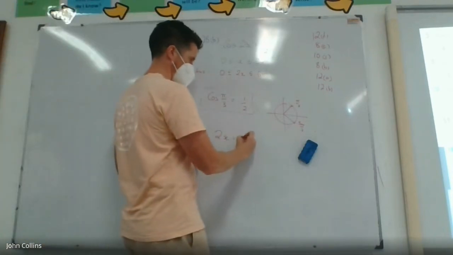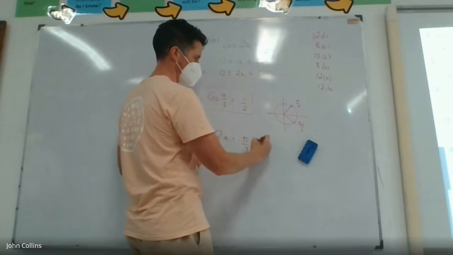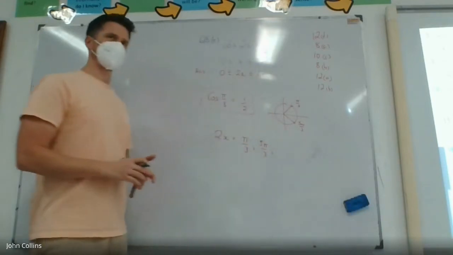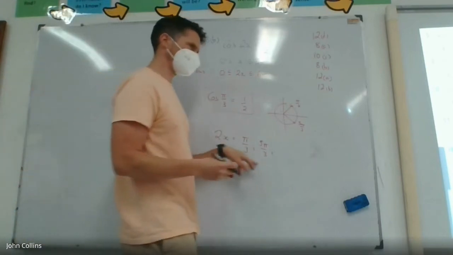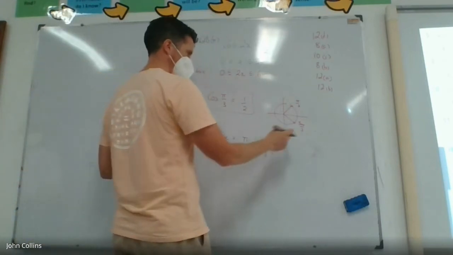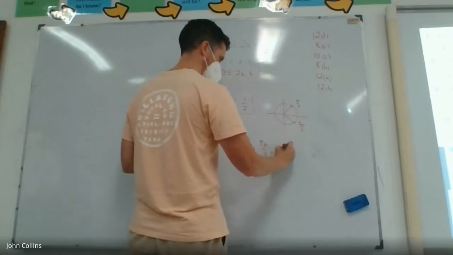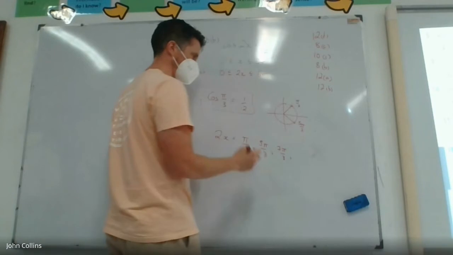Let's start writing down our answers. Pi over 3 on the first rotation, 5 pi over 3 in the second rotation. When you get quicker with these, it's just a matter of adding 2 pi to these answers. What's the next one? 7 pi over 3. You're adding 6 pi over 3, aren't you?